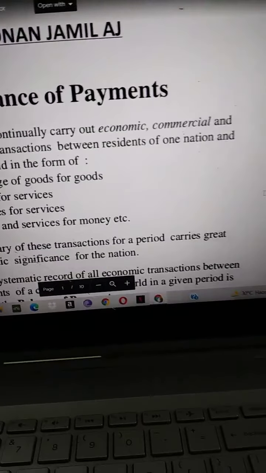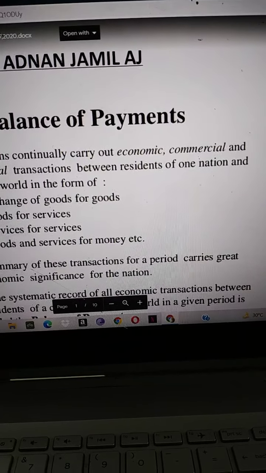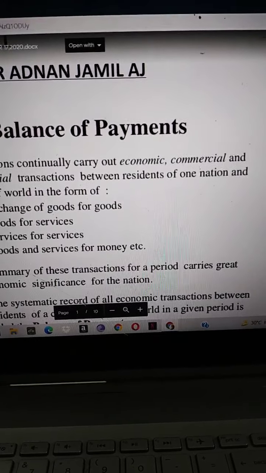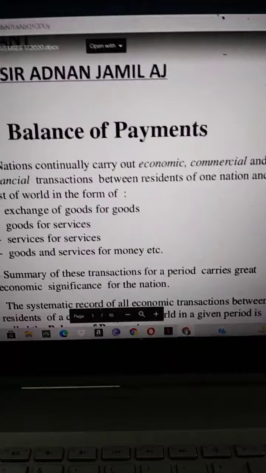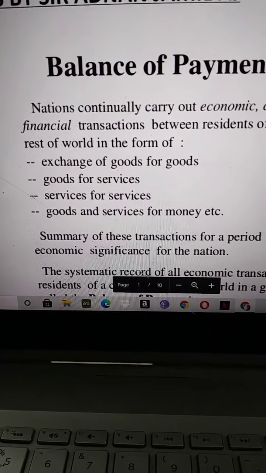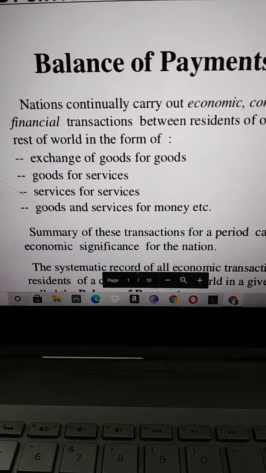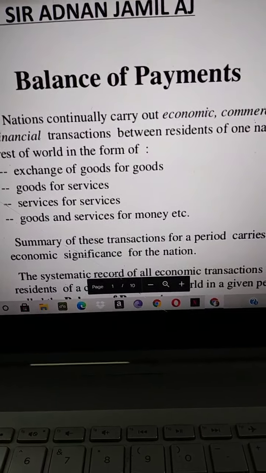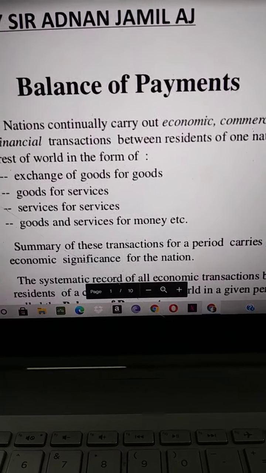Residents of one nation means the residents of Pakistan, whatever they are doing, the economic, commercial, and financial transactions, the process of exchange taking place with the rest of the world, will be included in the balance of payments. For example, the exchange of goods for goods, goods for services, services for services, and goods and services for money, which is the most common type right now.